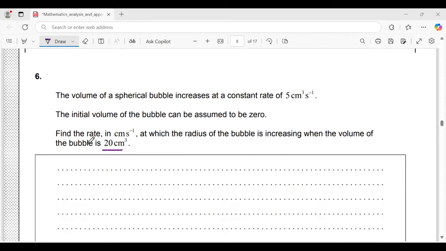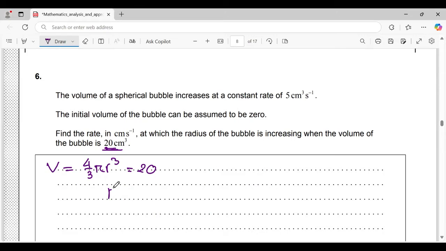Underlined already. Okay. As you know, the volume of a sphere is given by the formula 4 over 3 pi r cubed. According to this information, the volume is 20. So I like to arrange this formula with r as the subject.